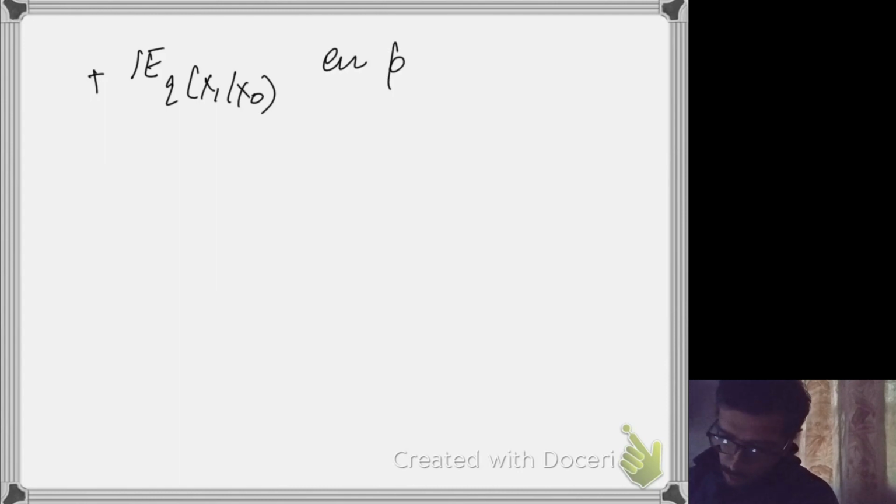Okay, and then finally I have the final term, which is expectation over q of x1 given x naught, and then I have log of p theta 1 x naught given x1.